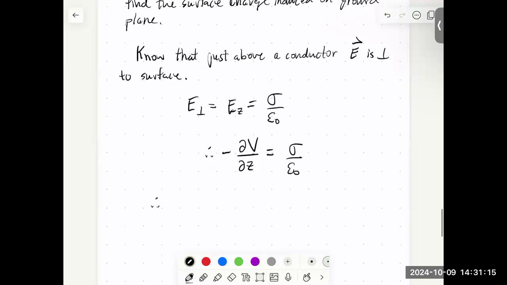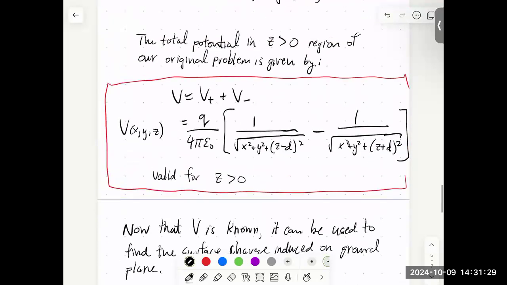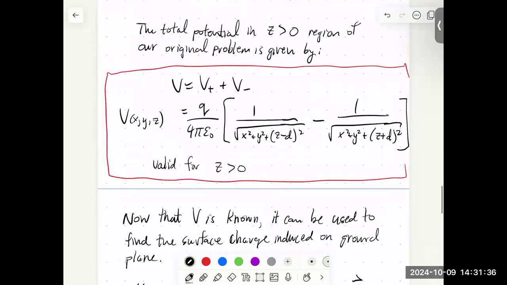And so therefore sigma is equal to minus epsilon naught dV dz. Okay, that will tell us the surface charge density on our conducting plane. We can do this calculation because we already know what the potential looks like.